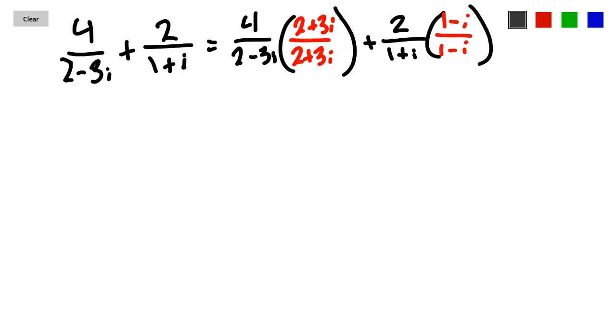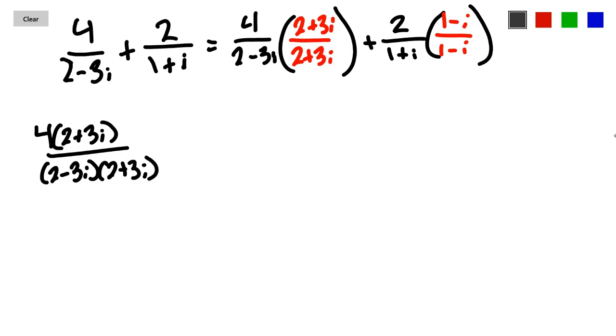So when we do that, what we end up with is 4 times 2 plus 3i divided by 2 minus 3i times 2 plus 3i for the first fraction, and then I add that to 2 times 1 minus i on the top, and 1 plus i times 1 minus i on the bottom.